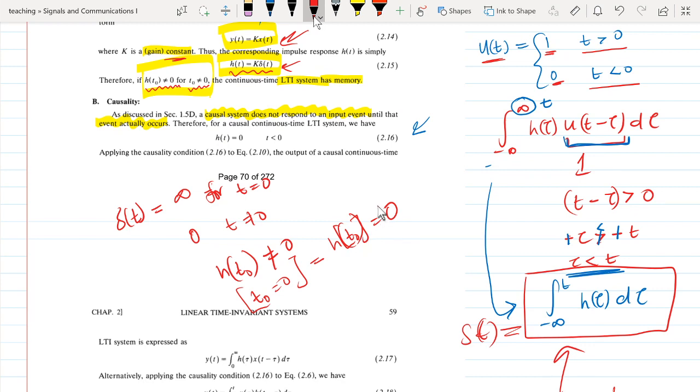So if it is not equal to 0, then the system is said to have memory.